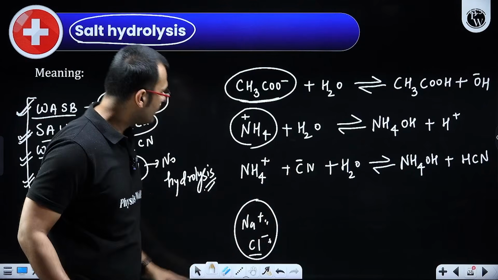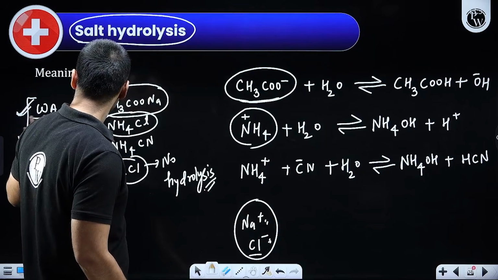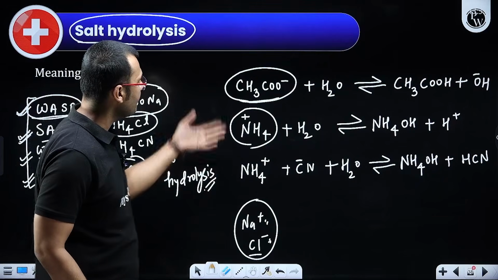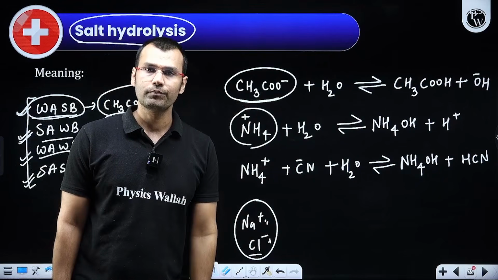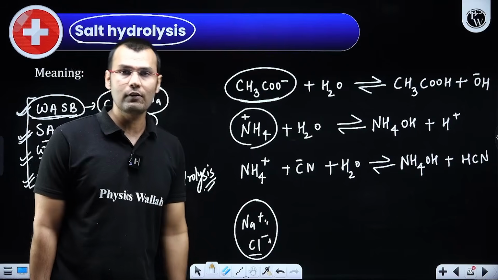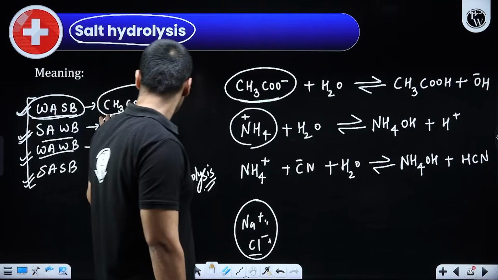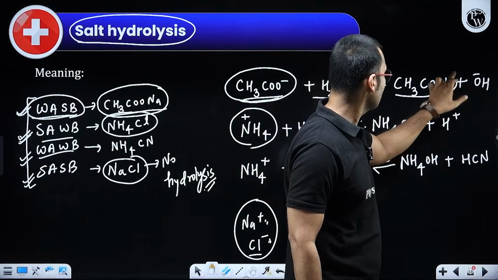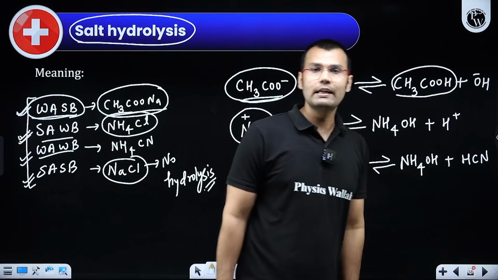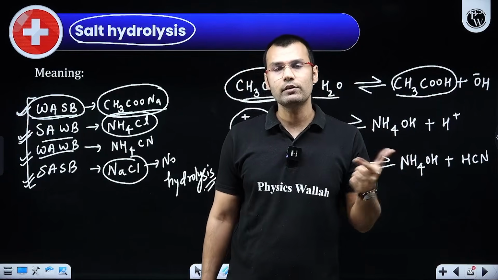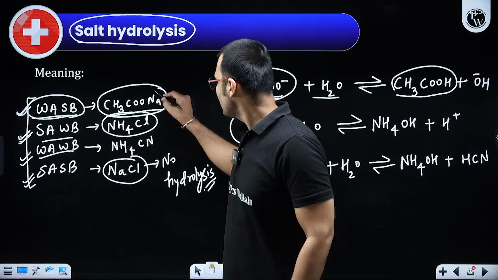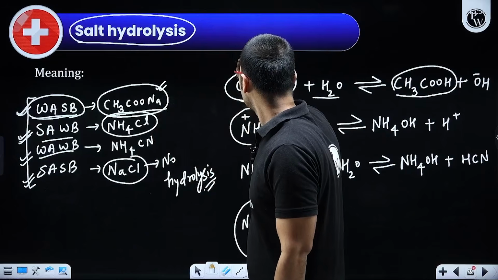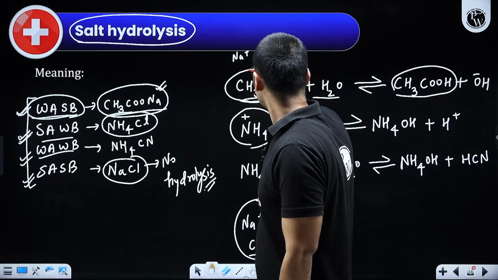And you can give the same reason here: in case of a weak acid strong base, why do we have only anionic hydrolysis? Why is the cationic part not getting hydrolyzed? Because suppose I take sodium acetate, the acetate combines with water to give you a weak electrolyte, and a weak electrolyte can have both ions and molecules in the solution. But from the same sodium acetate, if I combine Na plus with water, what do I get?